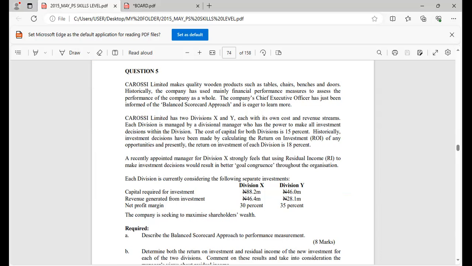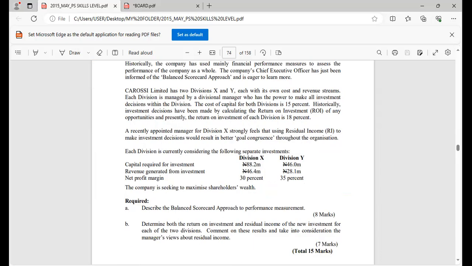Each division is managed by a divisional manager who has all the power to make all investment decisions within the division. The cost of capital for both divisions is 15%. Historically, investment decisions have been made by calculating the return on investment of any opportunities, and presently, the return on investment of each division is 18%.